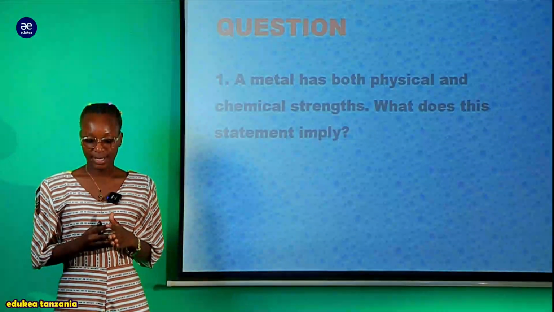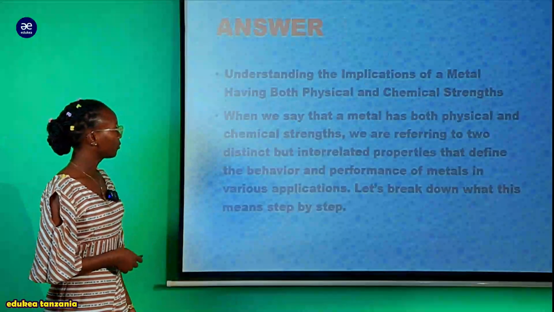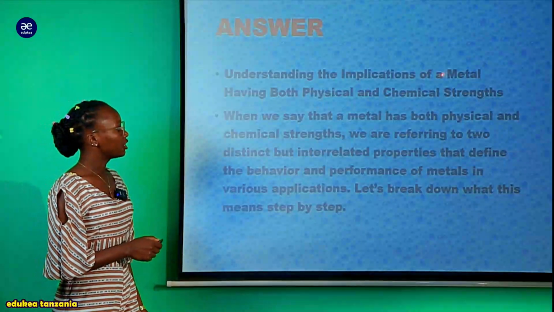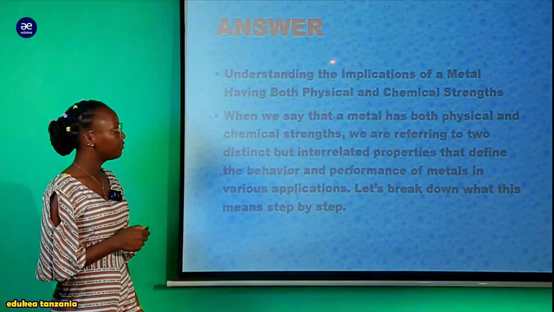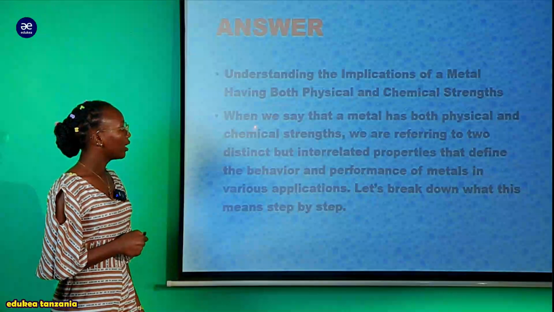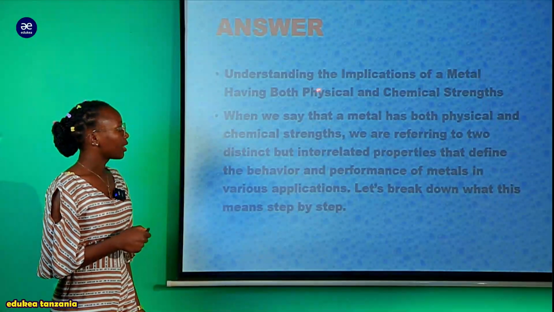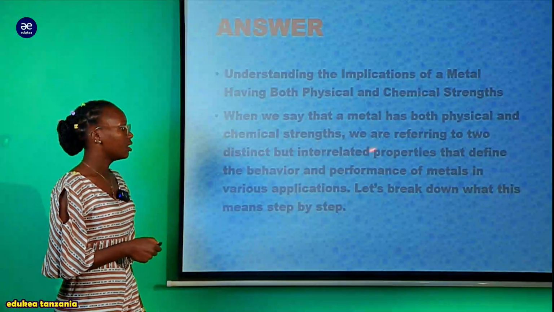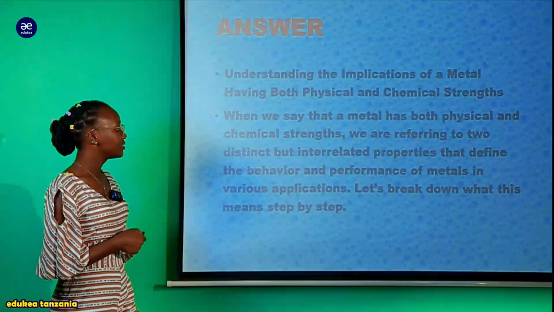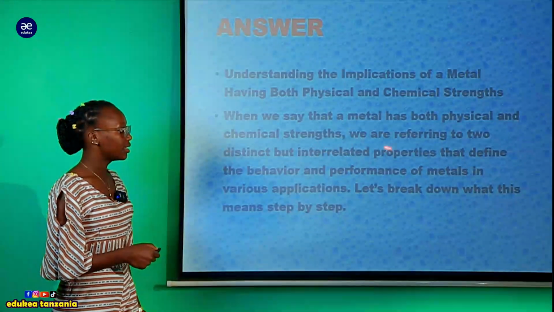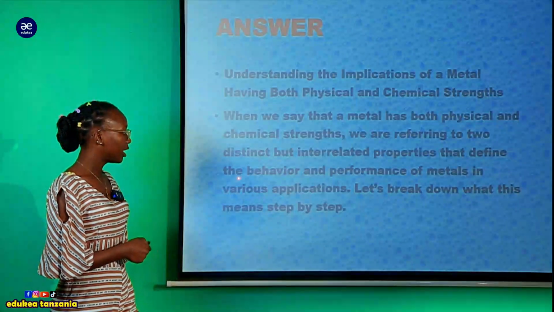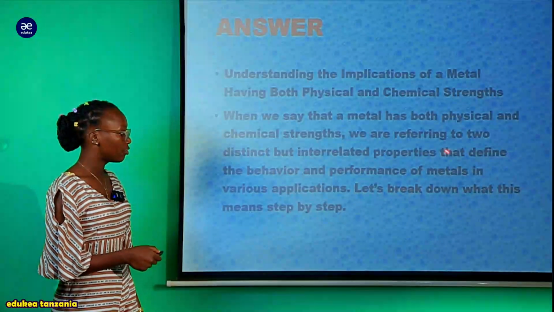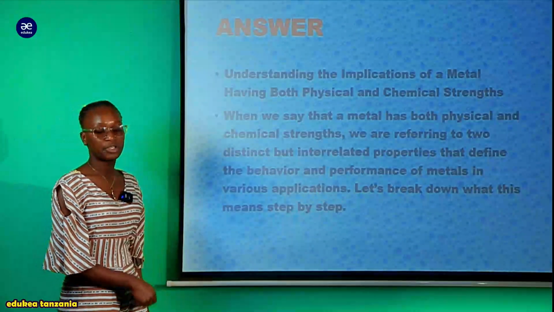So now let us discuss the responses. Understanding the implication of metals having both physical and chemical strength: when we say that a metal has both physical and chemical strength, we are referring to two distinct but interrelated properties that define the behavior and the performance of metal in various applications.